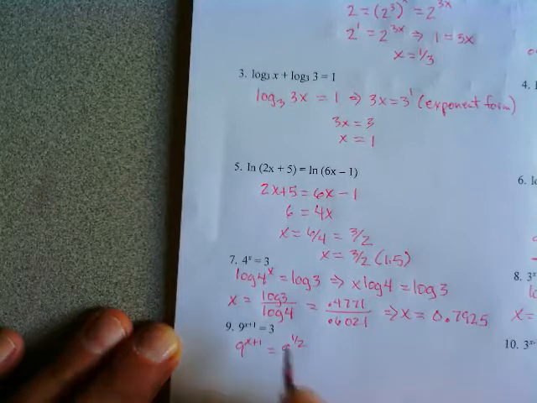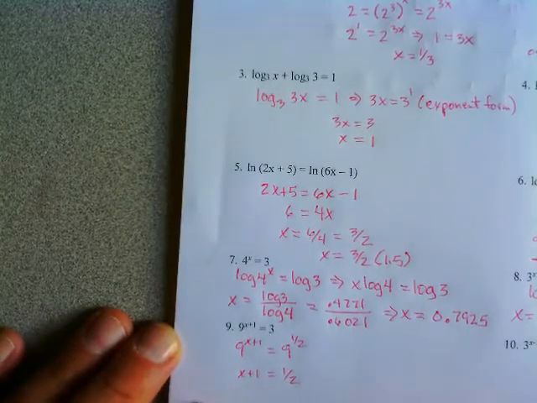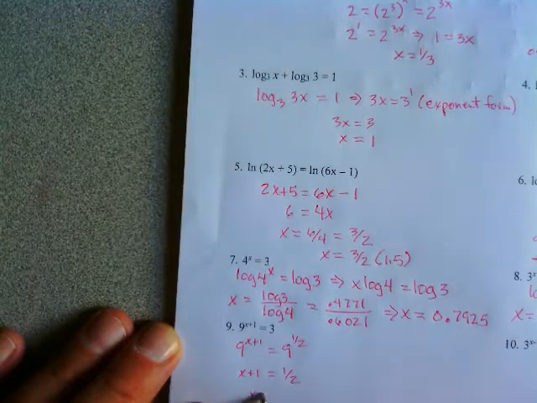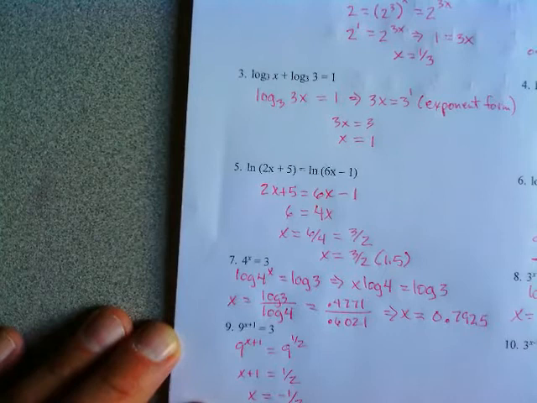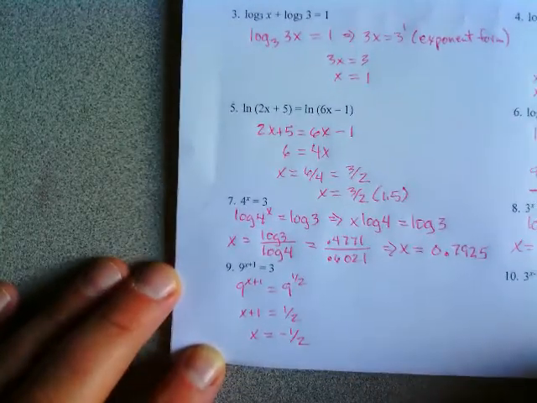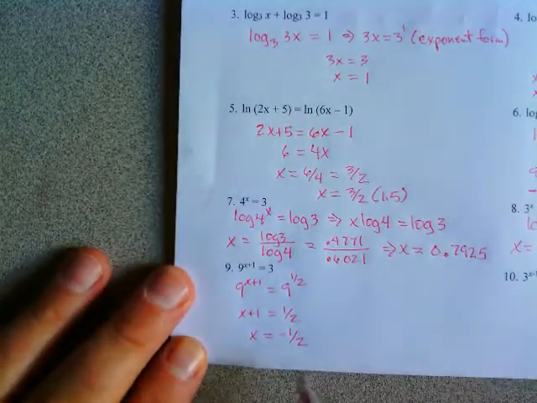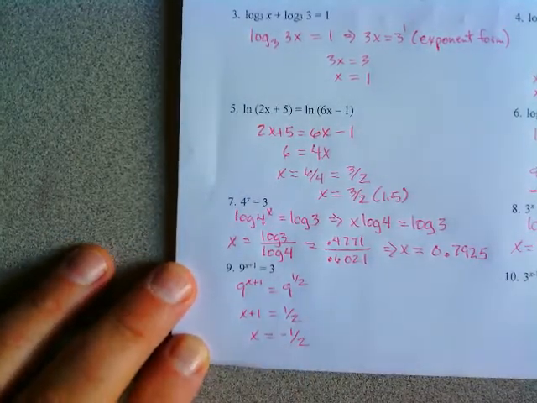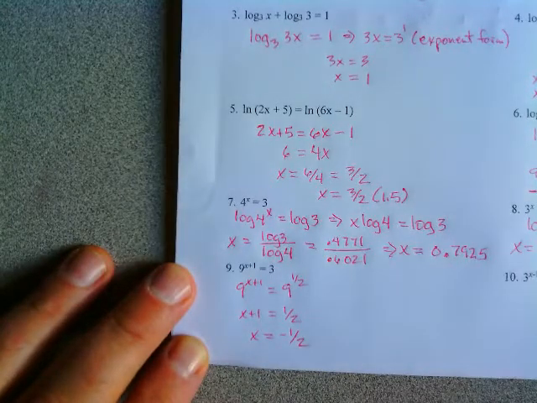Now that I have the bases the same, I can go x plus 1 equals 1/2, and therefore x equals negative 1/2 when I subtract 1 from both sides. I don't have any rules when it comes to just the exponents in terms of having positive or negative answers.